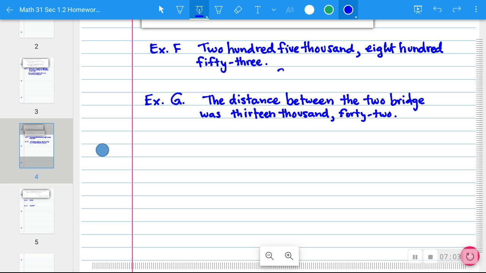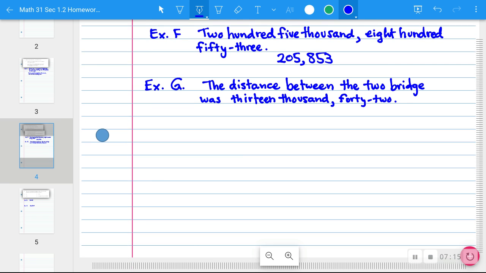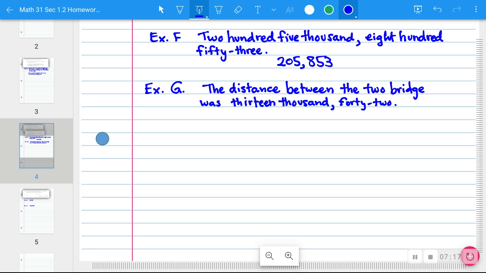So 205,853. That one's done. The distance between the two bridges was 13,042. You have to introduce an empty place value. There's no hundreds mentioned.